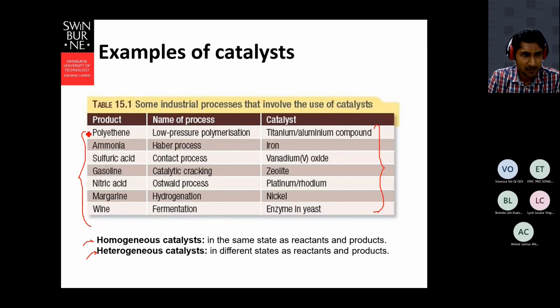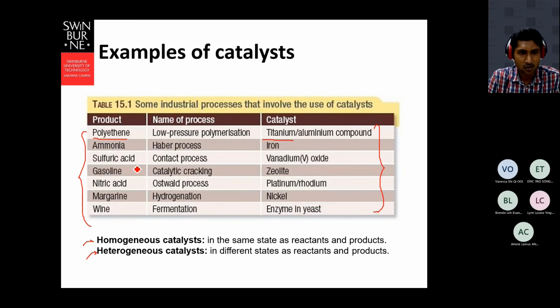So for polyethylene, we are adding ethane, which is a gas, and polyethylene is a solid, the plastic. And we are using titanium, which is a metal, or aluminium, which is a metal.